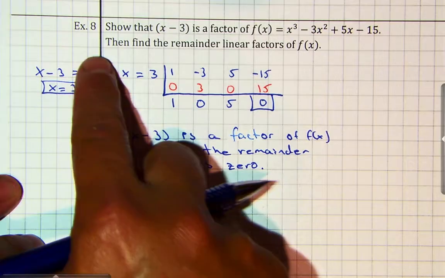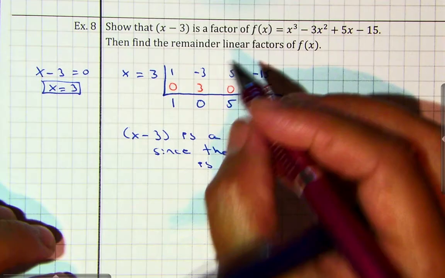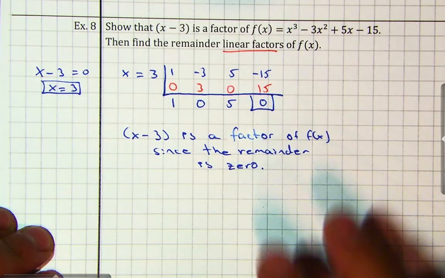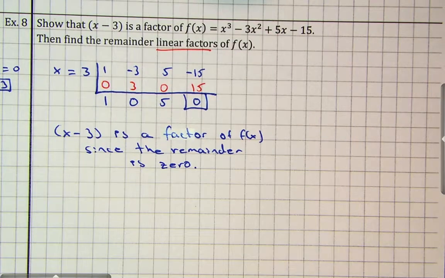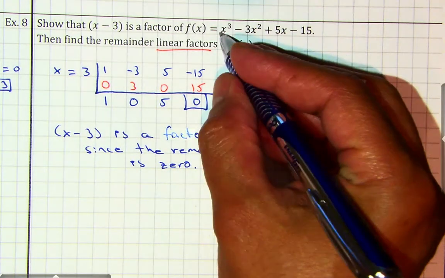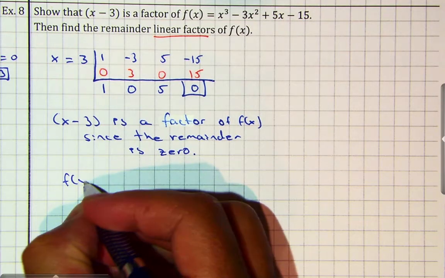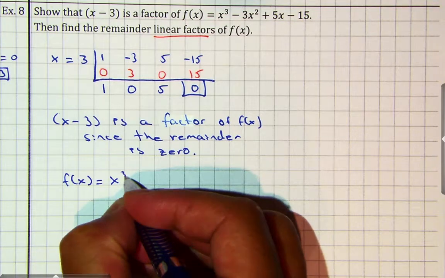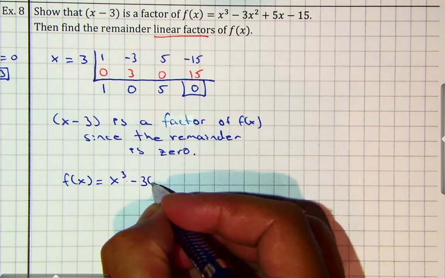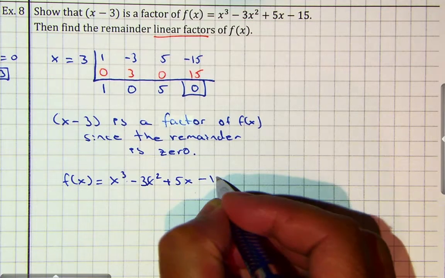Now, second part, find the remaining linear factors. And the keyword here is linear factors. So therefore, we know the f of x, and let me just work underneath since I need a little more space. So f of x is equal to x to the third minus 3x squared plus 5x minus 15.